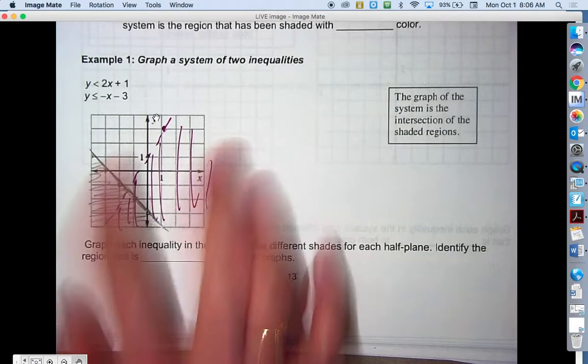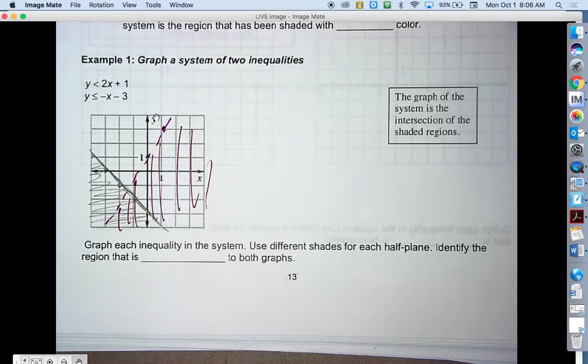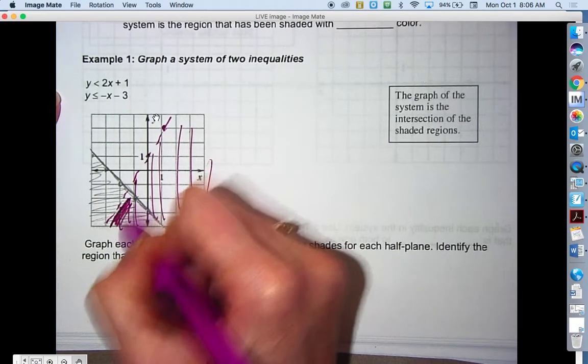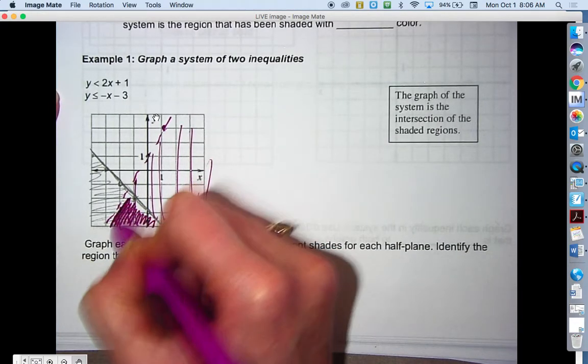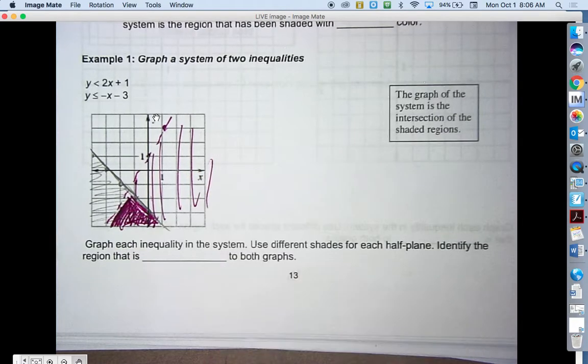So if you're using colored pencils, it would be where the two colors are intersecting with each other. If you shade it in different ways, like I shaded vertical and then left and right, it would be where my shading is overlapping. Make sure you darken that area. So the solution is this little section down below. Make sure you emphasize where that solution is. Don't just leave both colors there.